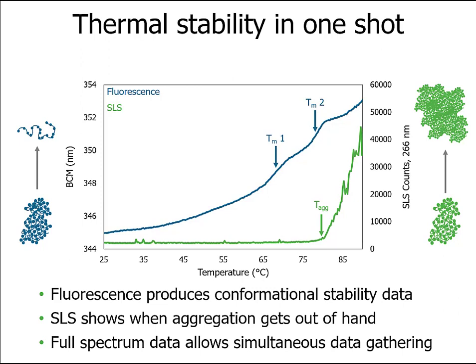The SLS data in green shows the aggregation behavior of your protein and reports the temperature when aggregation begins as Tagg. Notice how the Tagg event lines up with Tm2, linking the second unfolding event to aggregation of the protein. Together, the two protein tools of intrinsic fluorescence and SLS give you an understanding of how unfolding and aggregation is occurring in response to thermal stress.